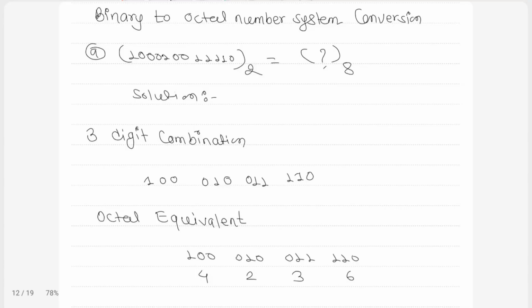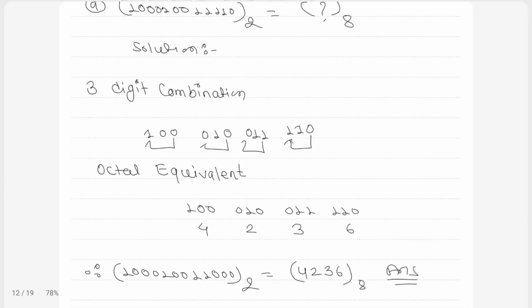When we write down from right to left, we make three-digit groups, otherwise there is a mistake. So we always make three-digit combinations from right to left. Then we get the octal equivalent.